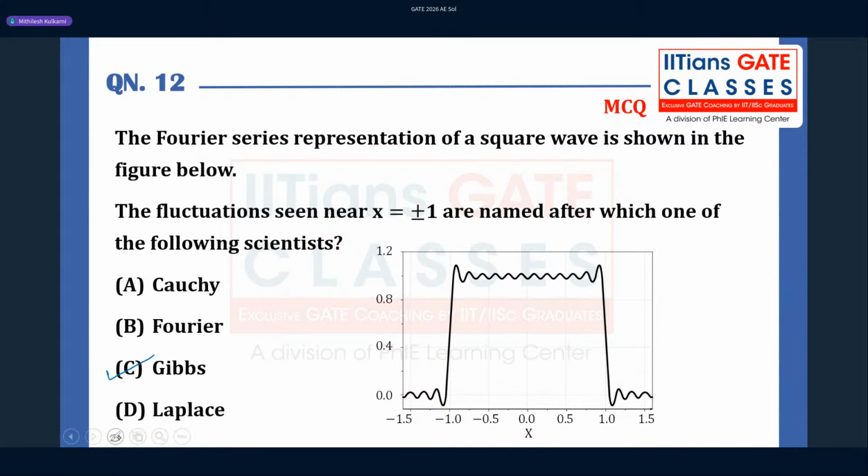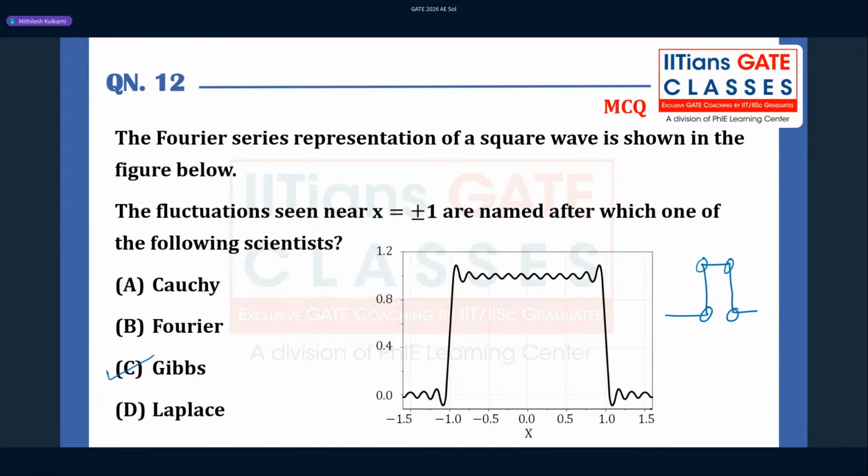The fluctuations near the jump in the square function: we have a jump like this, correct? This complete fluctuation near the jump, we have seen these fluctuations, right? These fluctuations near the jump at x equal to +1 and -1 in the Fourier series approximation of a square wave are called the Gibbs phenomenon.